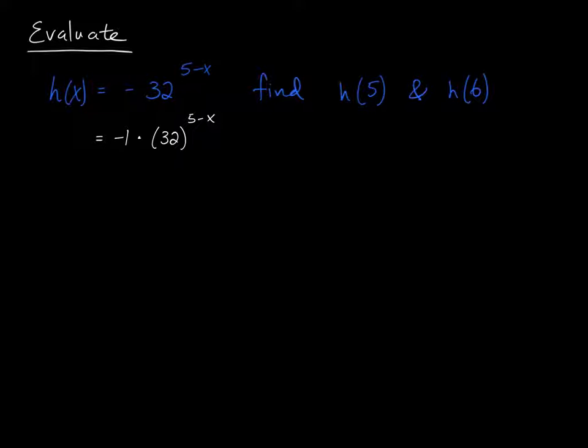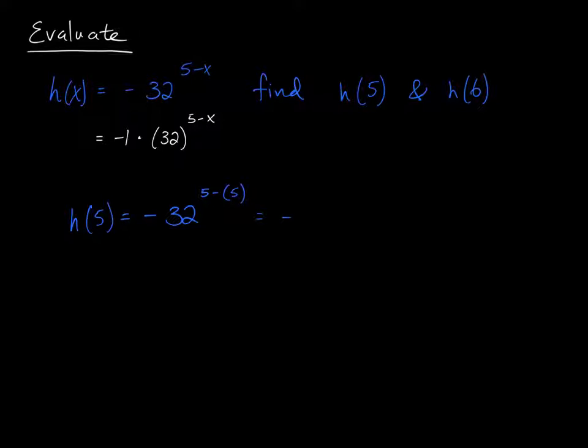So knowing that, we can jump into evaluating this function at 5. The function here, h of 5, we substituted 5 in for x, which means you will substitute 5 in for this x. So let's figure out h of 5. h of 5 is -32 to the 5 minus 5 power.